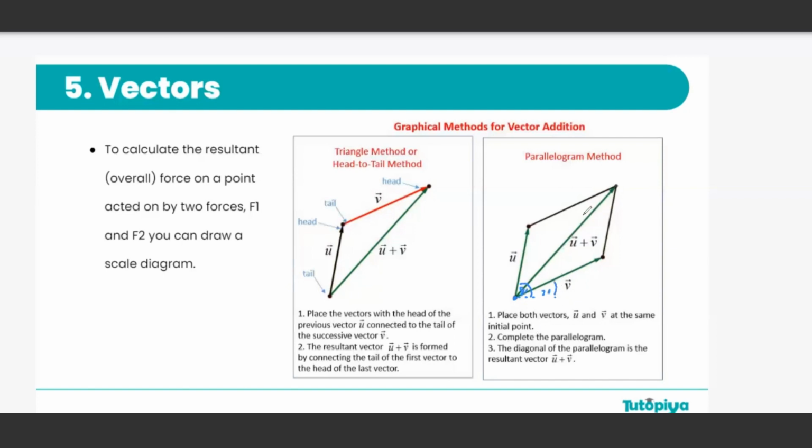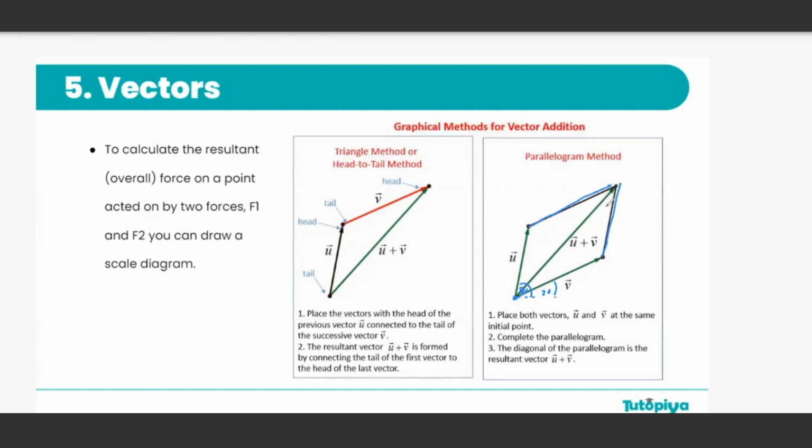And once you do that, you have to draw a parallelogram with these two lines. One line that is parallel to V, another line that is parallel to U. And once a parallelogram is formed, you have to draw the diagonal of the parallelogram starting from that same starting point, and that diagonal will represent your resultant force.